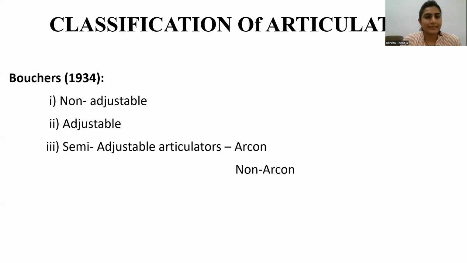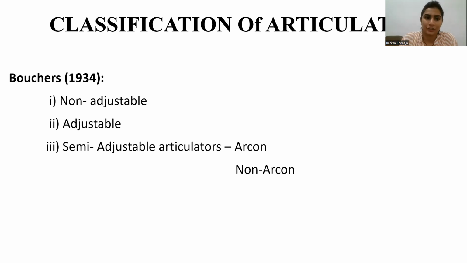Boucher in 1934 first classified articulators as non-adjustable, adjustable, and semi-adjustable articulators. So basically, what is different? The difference is that with an adjustable articulator, you can adjust the recordings you see in the patient's mouth into the articulator to simulate your patient's mouth.